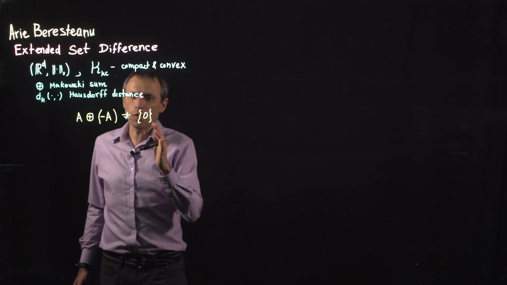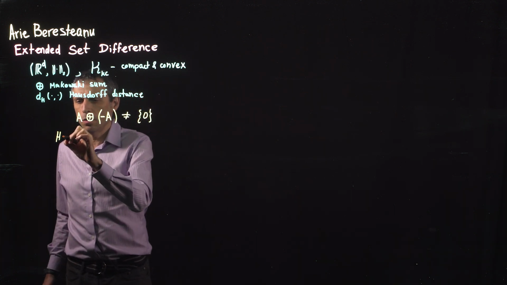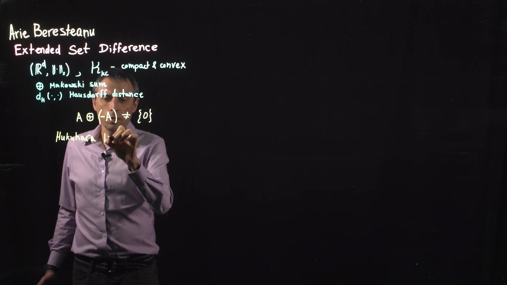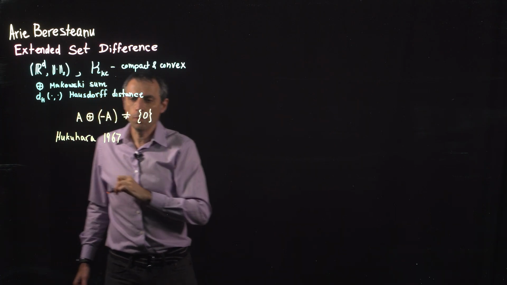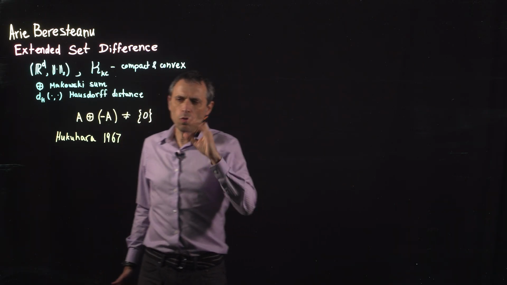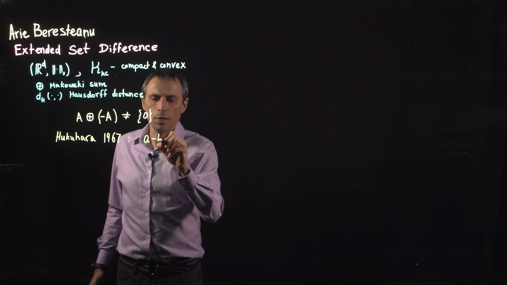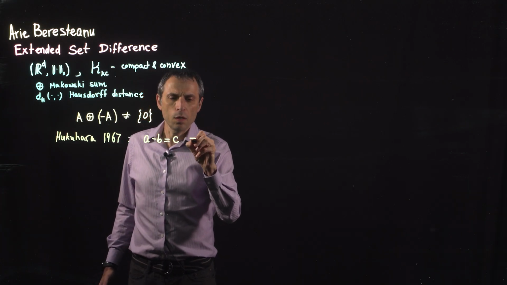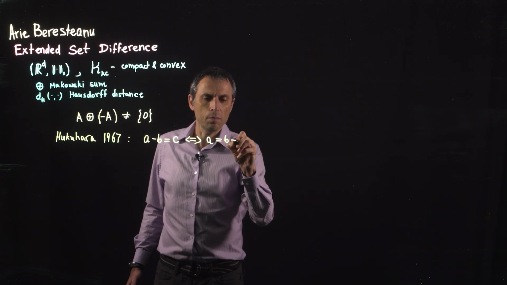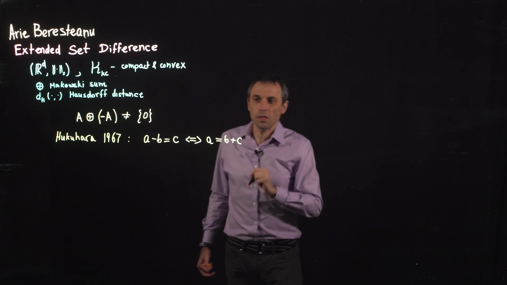So what can we do in terms of subtraction? Here is the first solution that was suggested by Okuhara, already in 1967, a while ago. He says the following. Think about numbers, or vectors in Rd. A minus B equal to C is equivalent to saying that A is equal to B plus C, and the plus is an operation that we know how to do in sets.